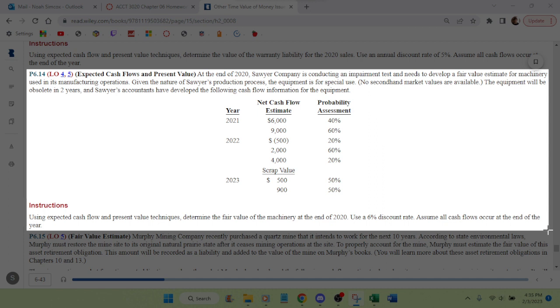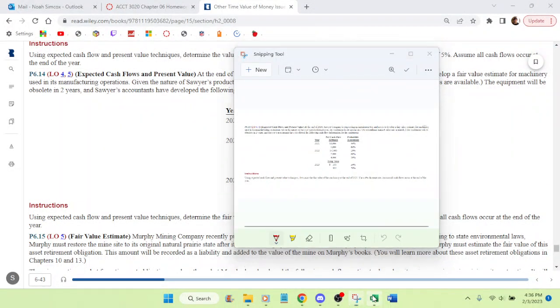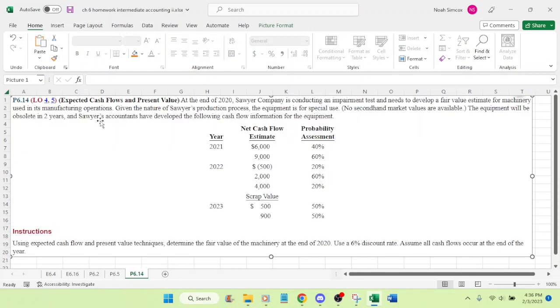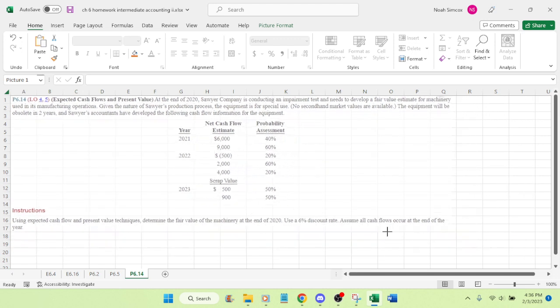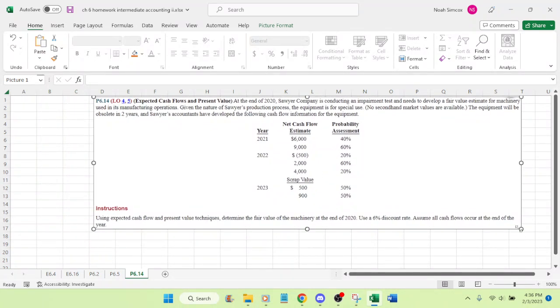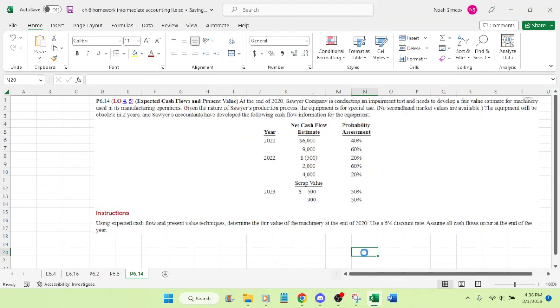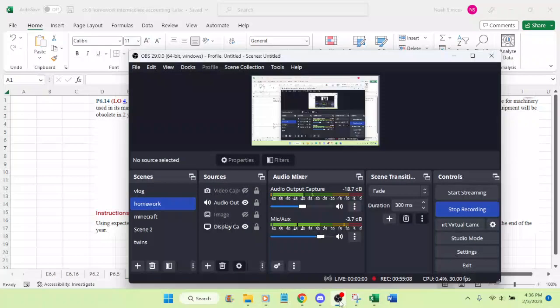What is expected cash flow? Dang it. It's been almost an hour.